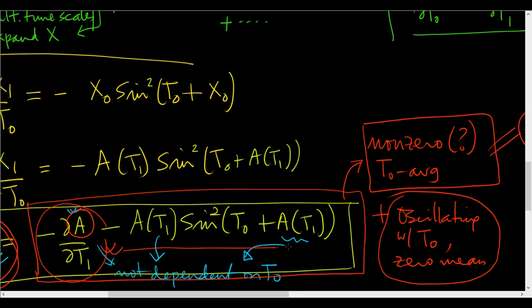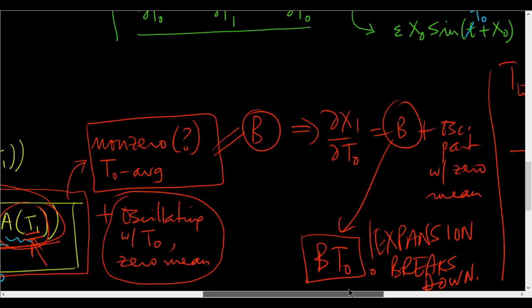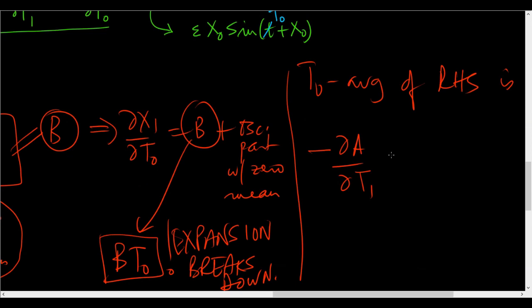So its average is whatever it is. Over here, the average of this holding t1 constant is half. So minus A by 2, right? I will force this to be 0.